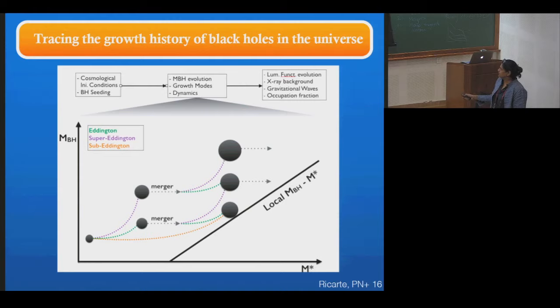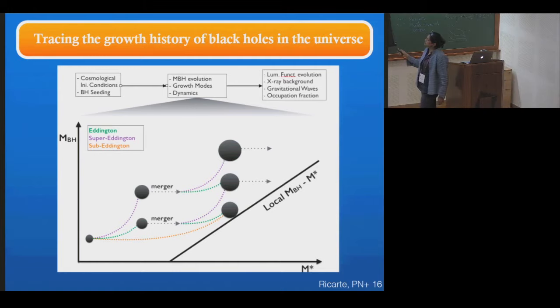They can grow by Eddington limit, super-Eddington, sub-Eddington, you permit everything, and then you follow these black holes as they are assembling and growing over cosmic time. Obviously they have to land on M-Sigma, because we've required that, but what we want to see is how much scatter, and along the way, what are the variables?